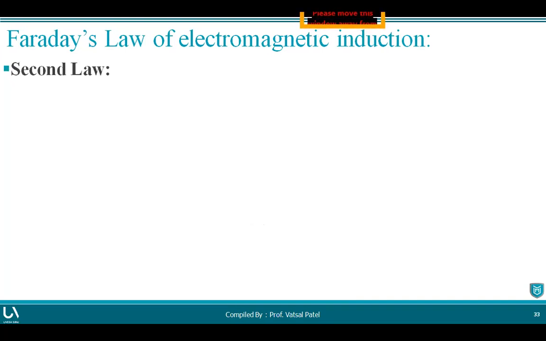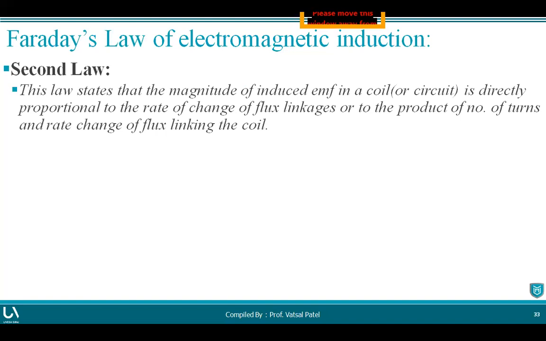Then after that we discussed the second law. Now, what does the second law state? It states that the magnitude of the induced EMF in the coil or the circuit is directly proportional to the rate of change of flux linkages.